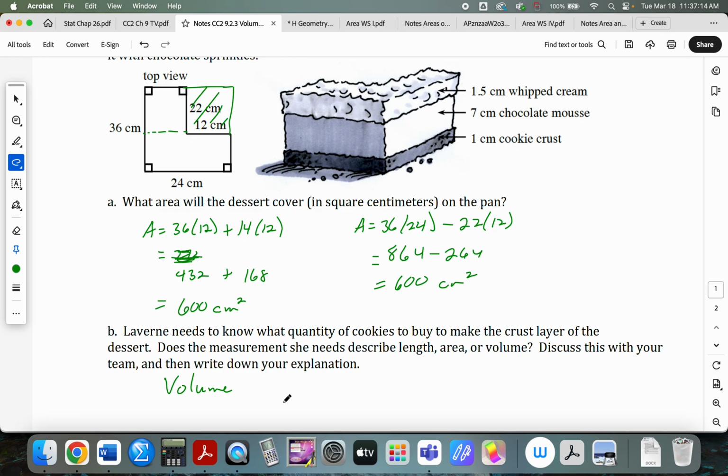Length is just one dimension, right? I would just say the crust has 3 dimensions. It's got a length, a width, and a thickness.